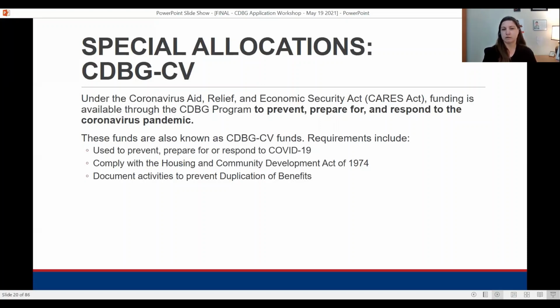And then there is also additional documentation required to ensure that there is no duplication of benefits, which essentially means that if a project is receiving funding from multiple sources, it has to ensure that the funding received does not exceed the amount that's needed for a specific activity. So any projects that are funded with CDBG-CV do have that requirement, and we would work with those projects to ensure that all requirements are met.